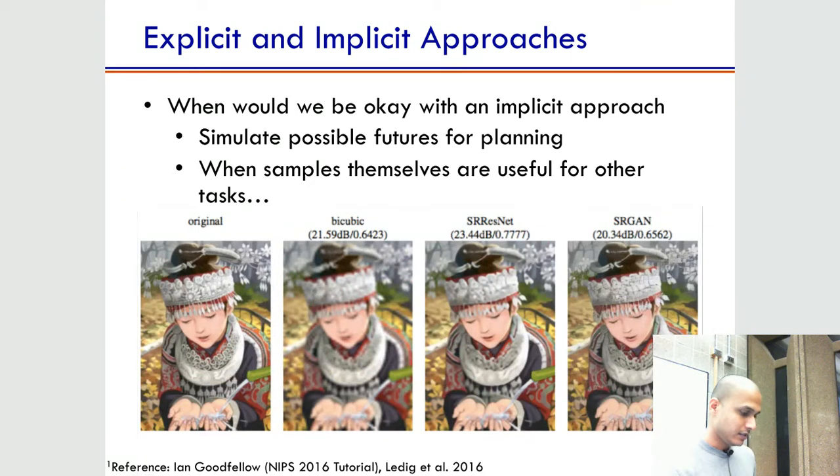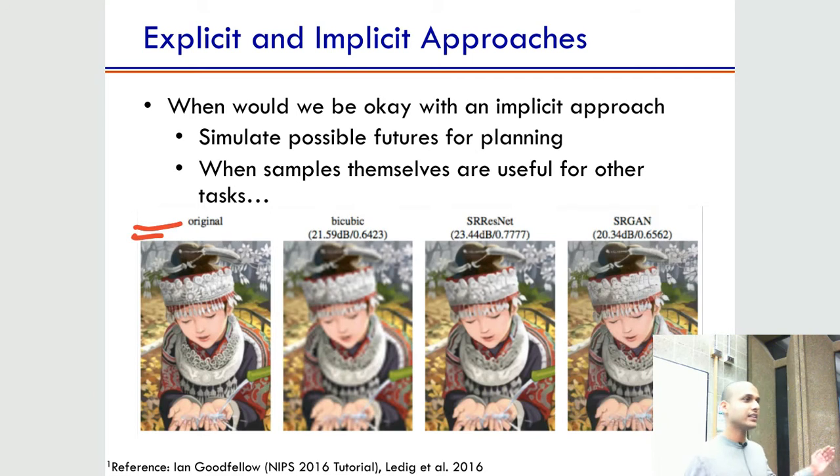You can also do something interesting when you have an implicit sample generator. One task is what's given here, which is called image super resolution. How many of you have heard of image super resolution? It's not exactly a sampling task, but in a sense it is, in that you've been given a low resolution image, and you want to upsample it and make a really high resolution image.